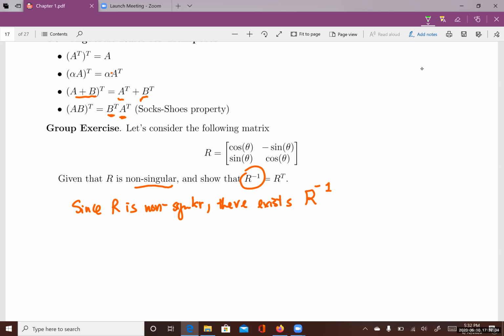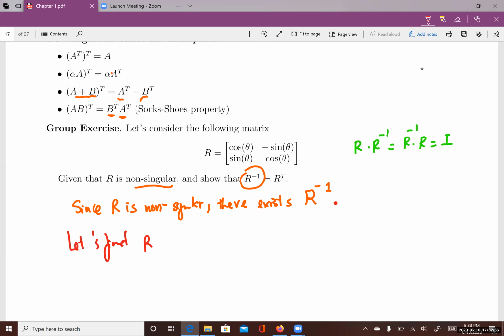So on the side, I know that R times R inverse equals R inverse times R equals I. Okay. So now you want to show that R inverse equals R transpose.